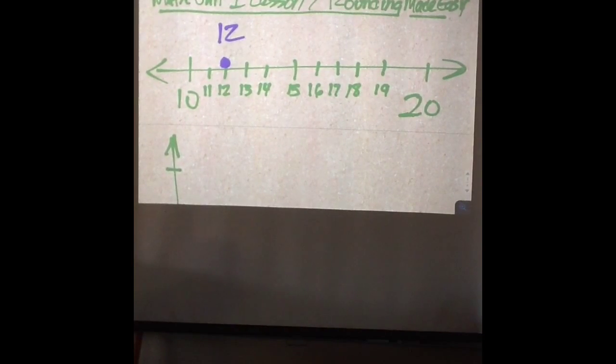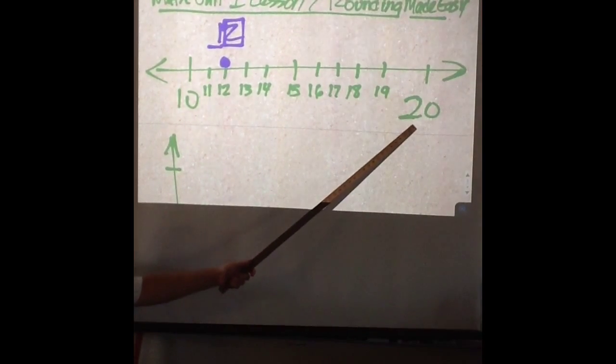Let's put a line underneath the number we're going to round, and then let's put a box around our neighbor on the right. Because we always look to the neighbor on the right to figure out whether we go up. Now, what would we be going up to if we were going up? 20.